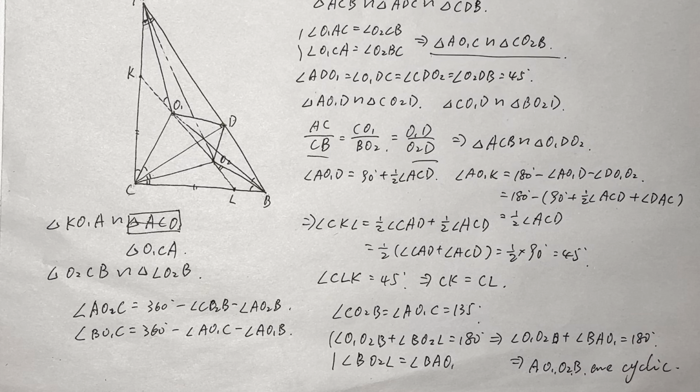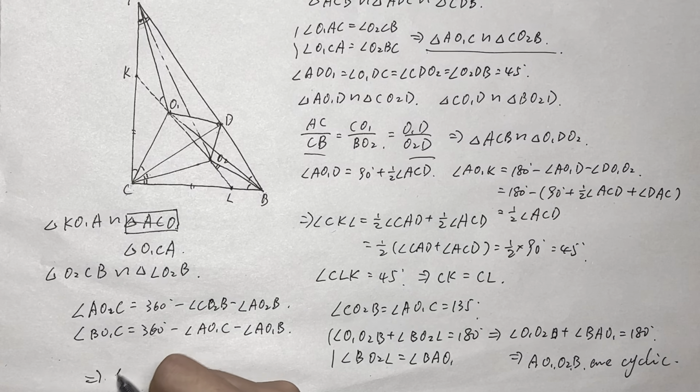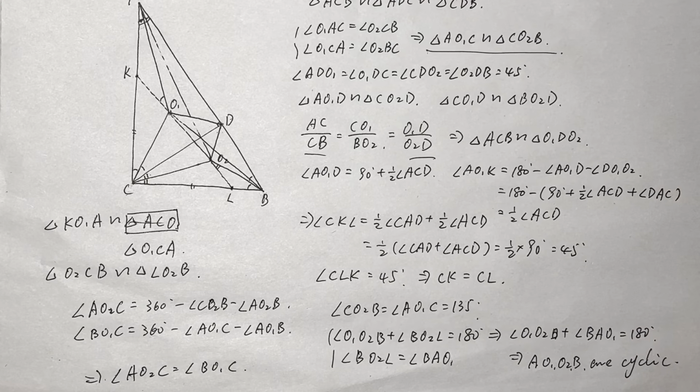These four points are cyclic, which means angle AO2C equals to angle BO1C.